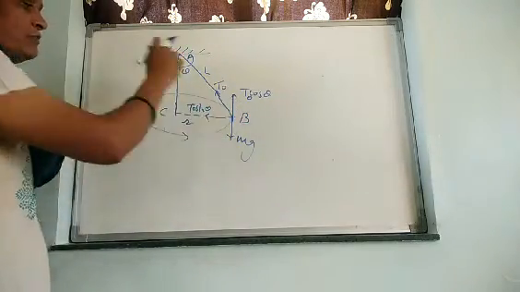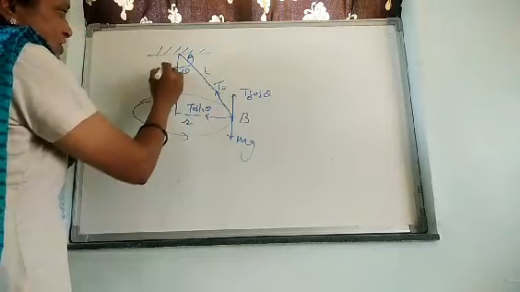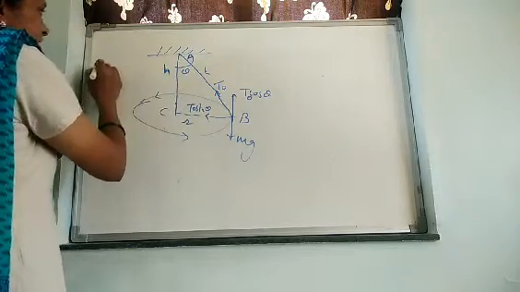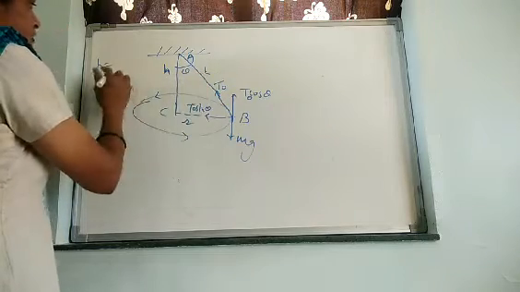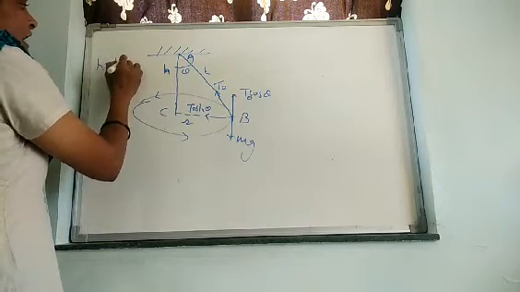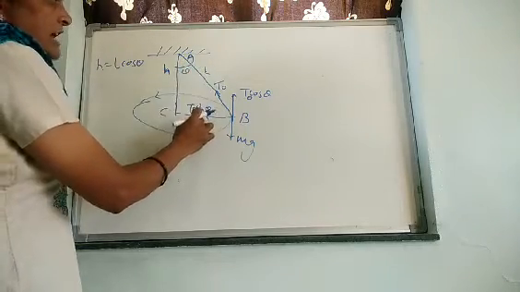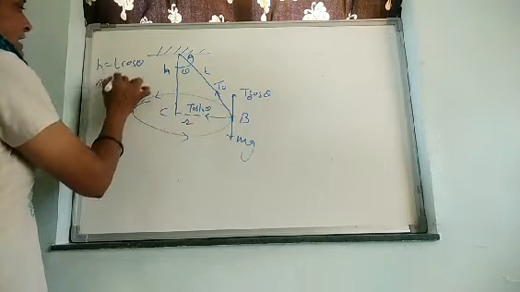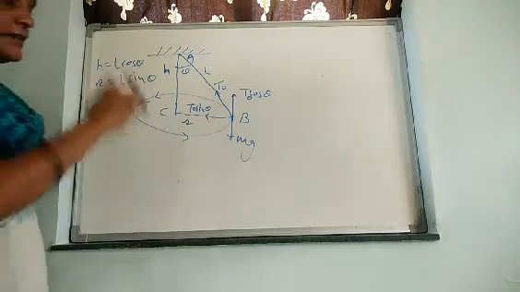Now, with the help of this, we can write two expressions. Here, this is L, this is H. cos theta is equal to H upon L, therefore H is equal to L cos theta. And sin theta is equal to R upon L, therefore R is equal to L sin theta. That is the radius of this horizontal circle.